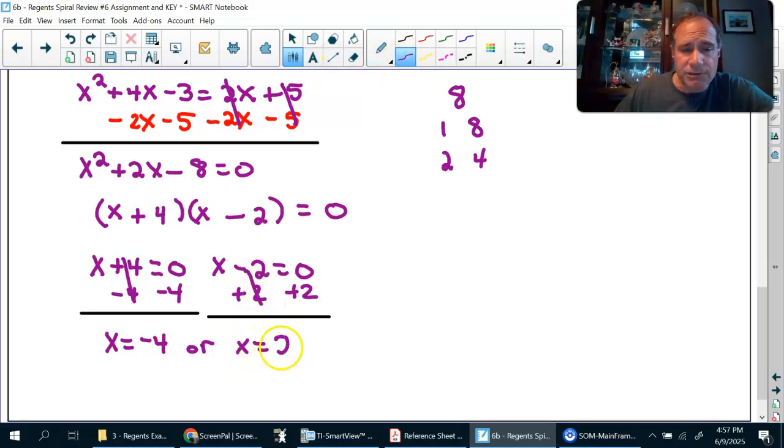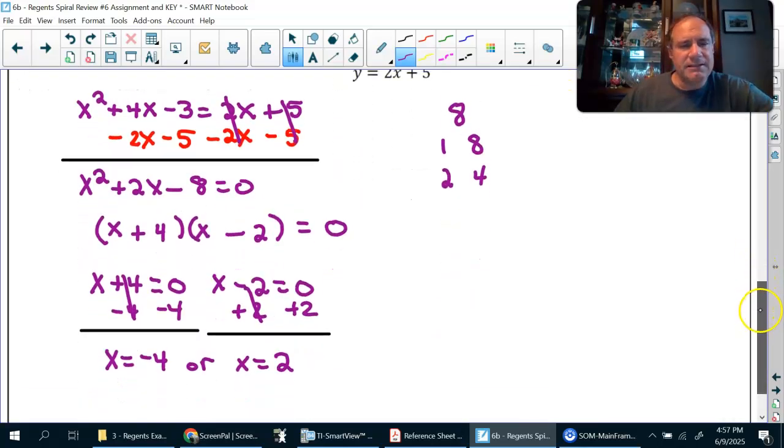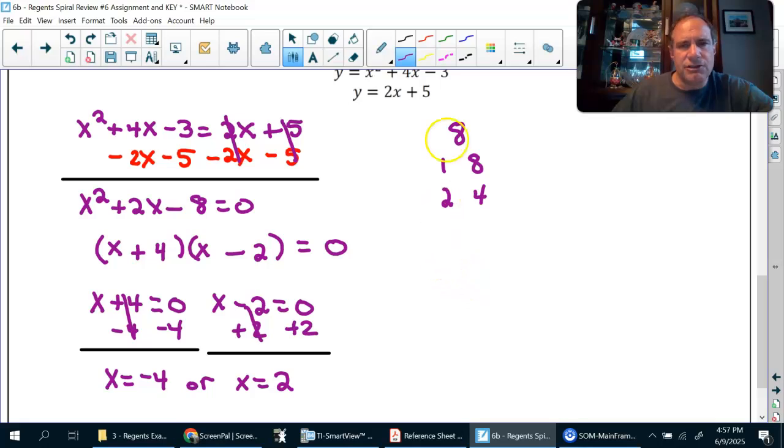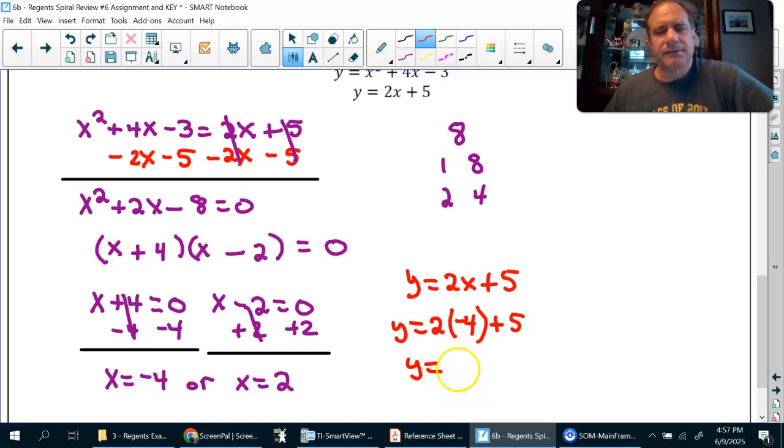But you're not finished. You have to find the values of y. And the easiest way to do that is to use y equals 2x plus 5. So we have y equals 2 times negative 4 plus 5, which is y equals negative 8 plus 5 is negative 3.